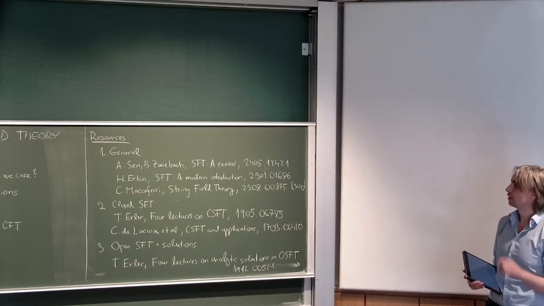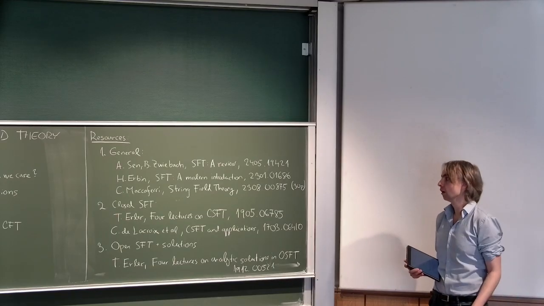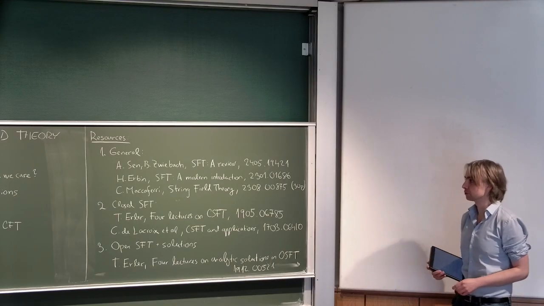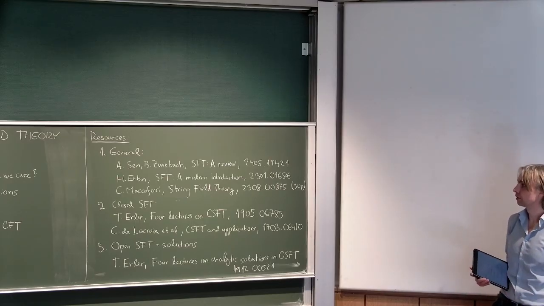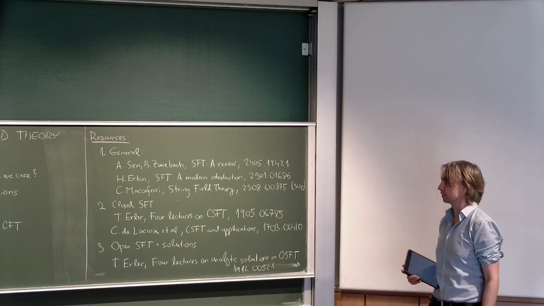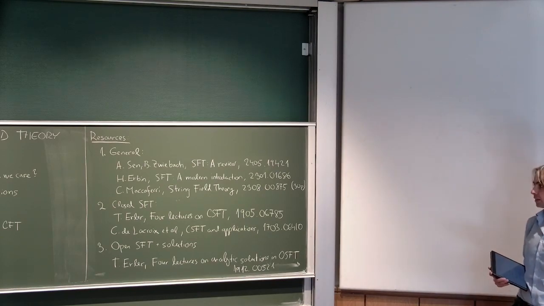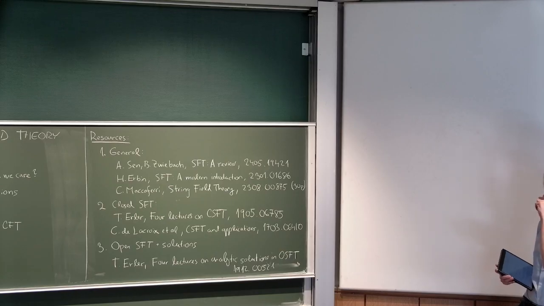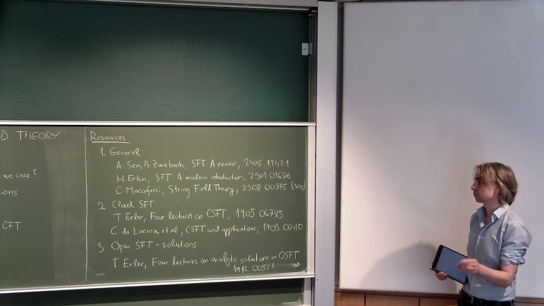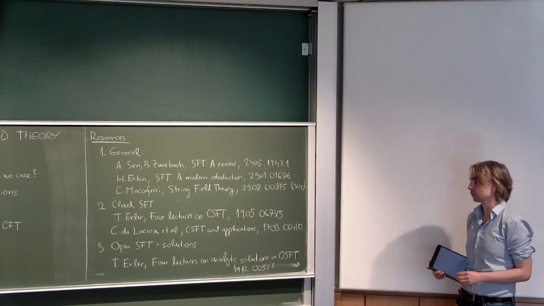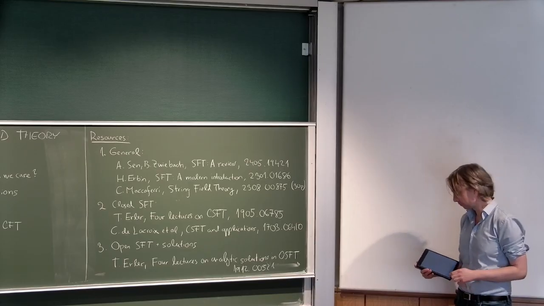So now with string field theory, I will show you that we can actually also go the other way around, and we can use string theory to derive or to show some interesting results about 2D CFTs. So that was the plan for part 2. And then in part 3, I just wanted to give you a quick taste, a quick gist of what has recently been happening in string field theory.